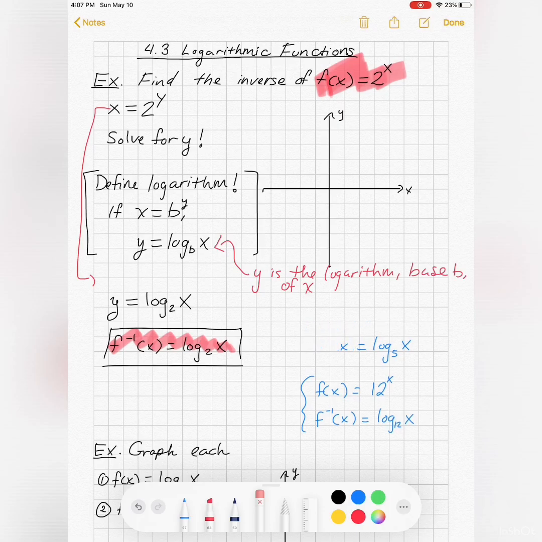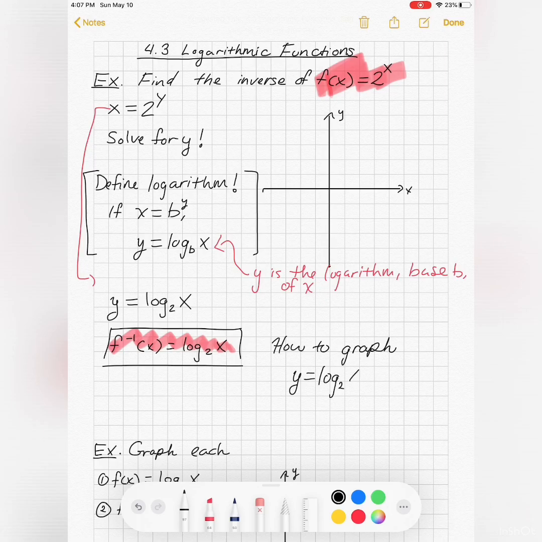All right, now let me see if I can come up with the graph of this log base 2 of x. How can I come up with that graph? Well, I know that log base 2 is the inverse of the exponential 2 to the x. Now, I know what that one looks like, right?